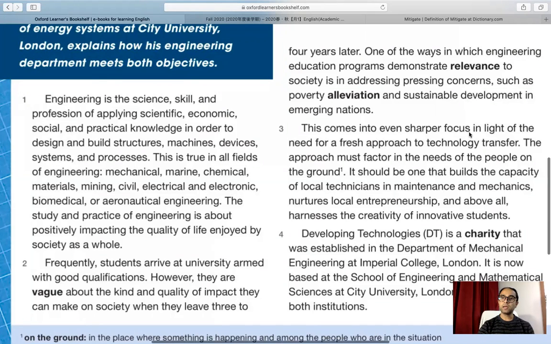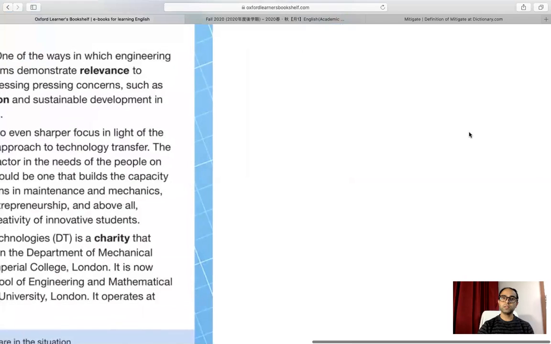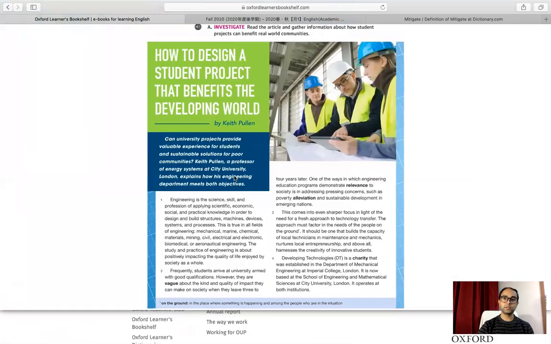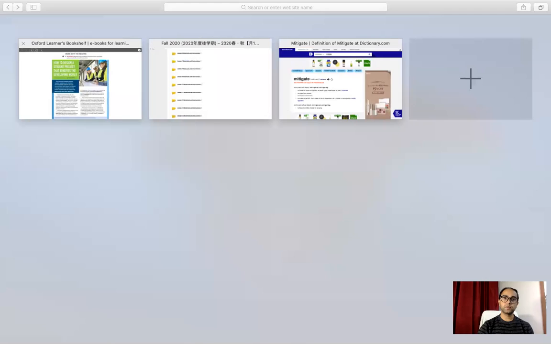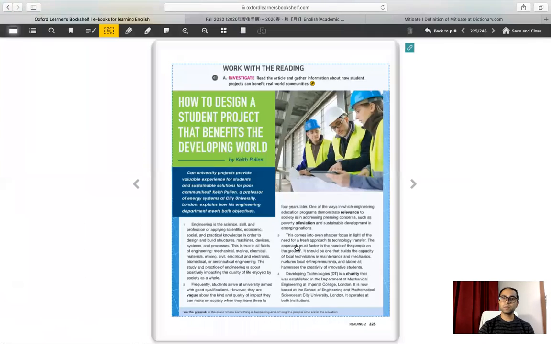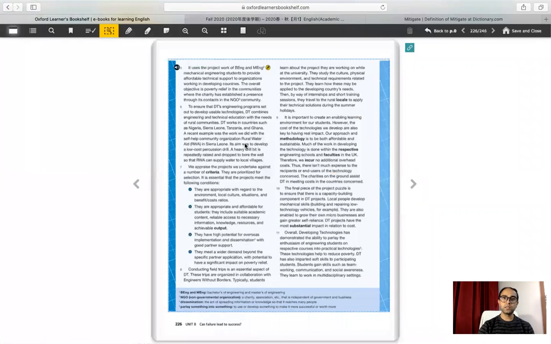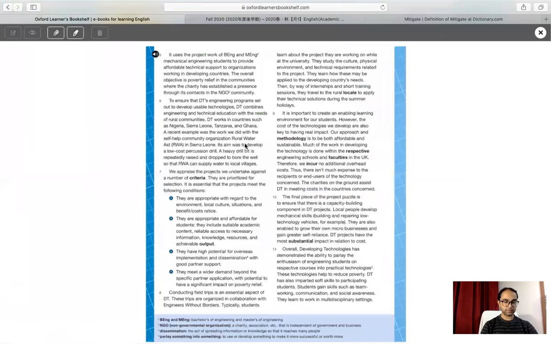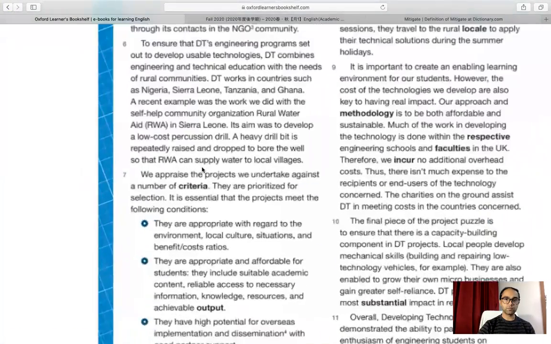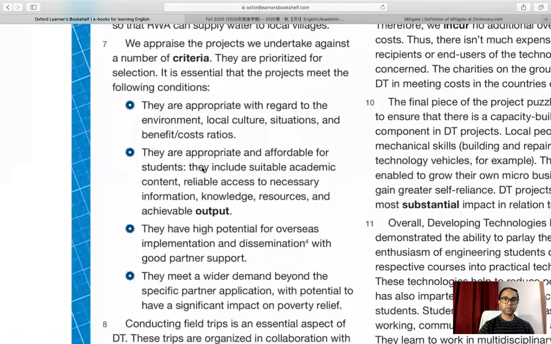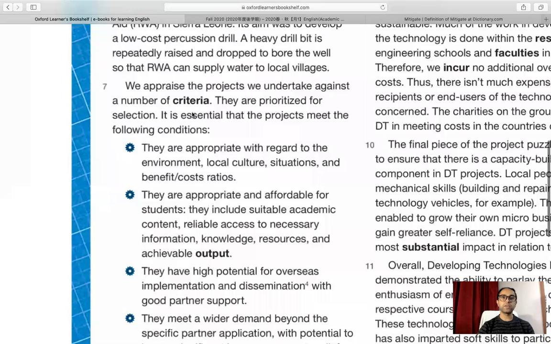Okay, and let's go to the next page for other words. If you look at page 226, let's look at this column. The first one, criteria.